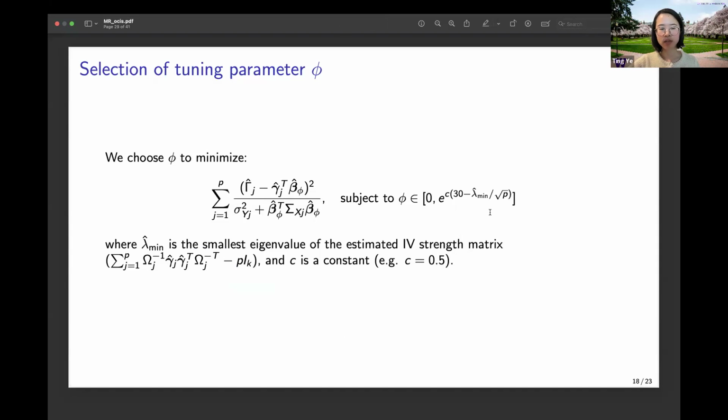This interval is chosen for the reason that we noticed that if this simple version of the mu, which is the minimum eigenvalue of the estimated IV strength matrix divided by square root P, is larger than 30, then the vanilla DIVW already performs very well. So we make sure that this interval is very, very small so that we don't do any adjustment, basically. Whereas if this is very far away from 30, then we allow this interval to be larger, so there is a larger range of tuning parameters to choose from. But essentially, we choose phi to minimize this objective function.